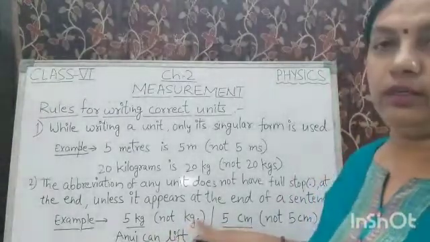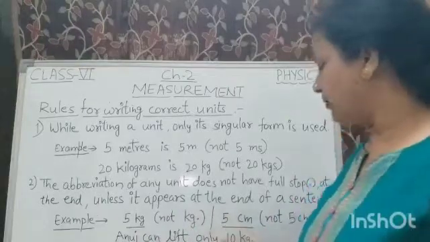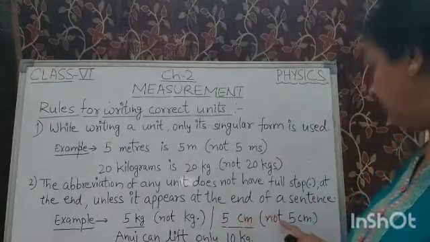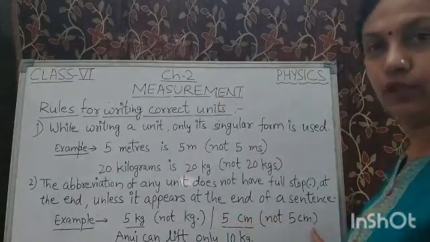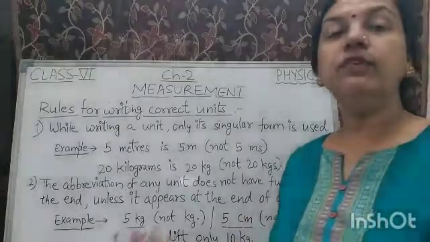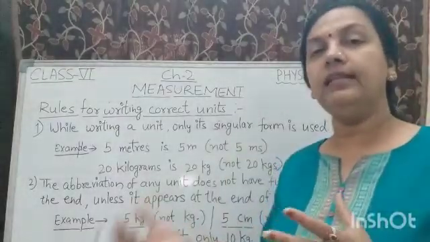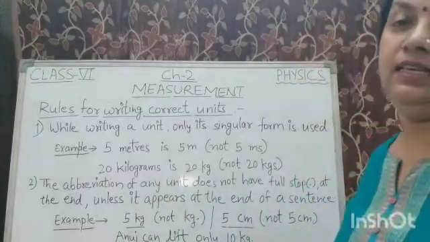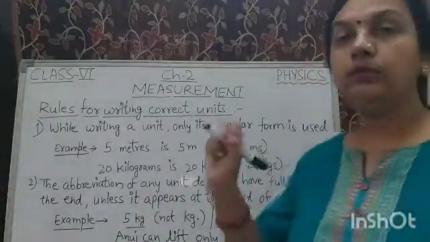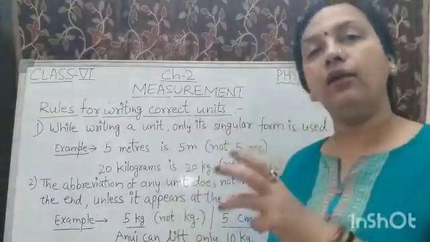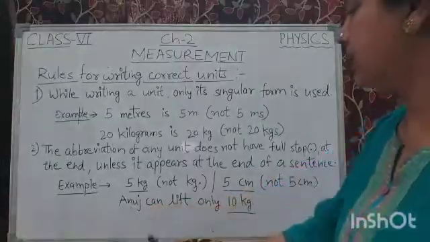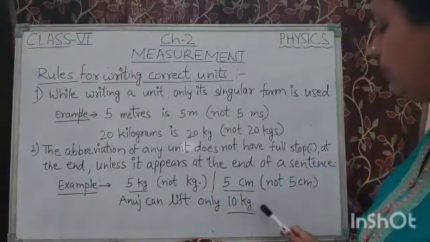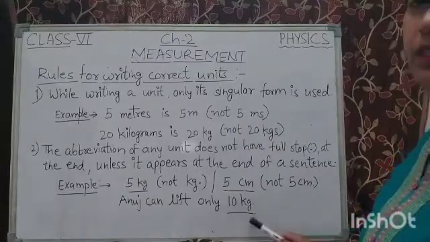Again, if we have to write 5 centimeter, then we will write 5 cm, not 5 cm and full stop. But if it comes at the end of a sentence, for example, Anuj can lift only 10 kg, then we will put a full stop at the end of that sentence.